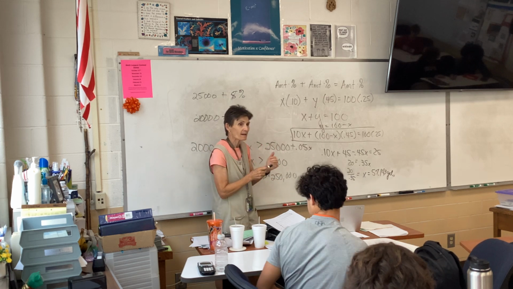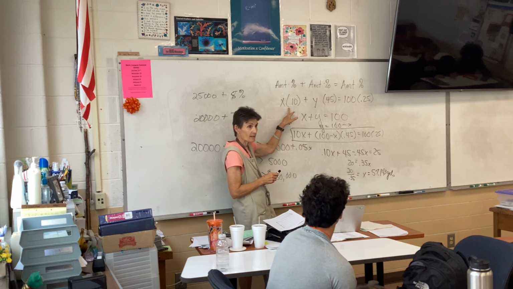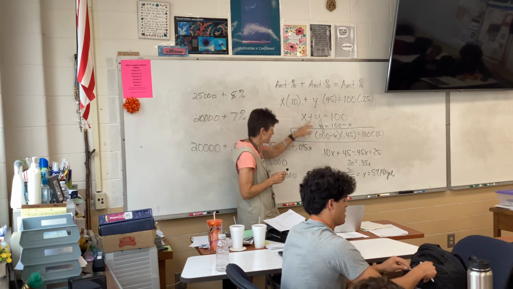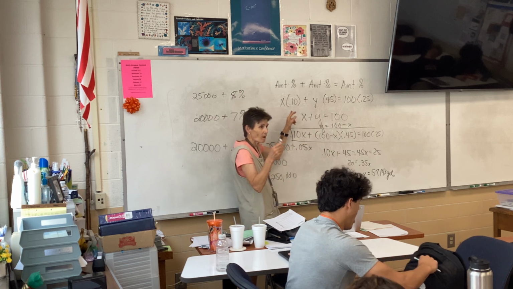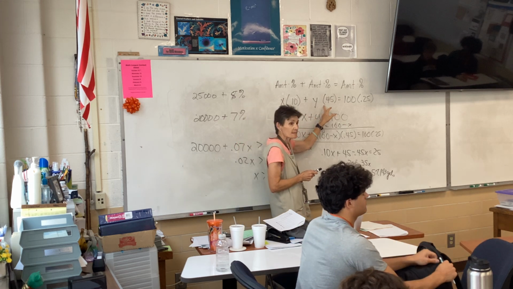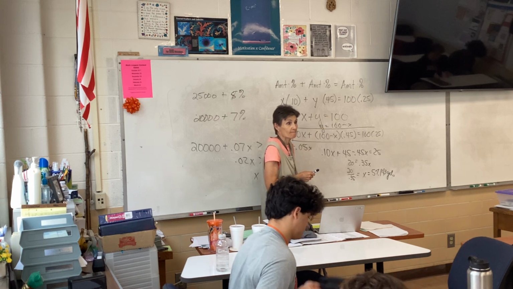And what is that? That was X. And what was X? The 10%. So we need roughly 57 gallons of the 10%, which means I need 43 gallons, more or less, of the other kind.